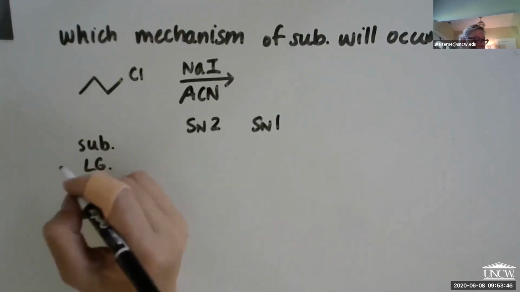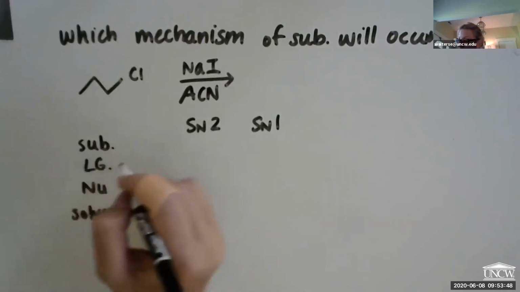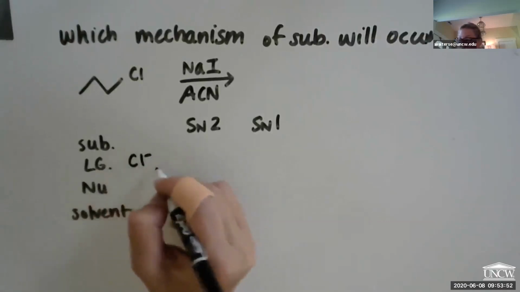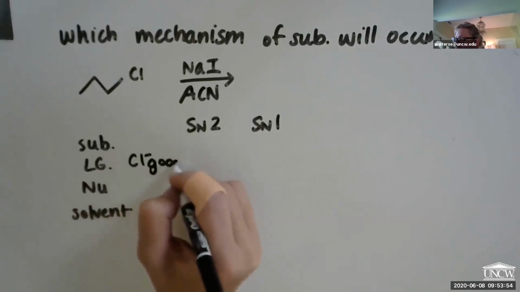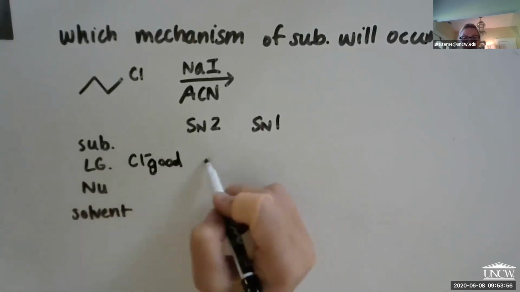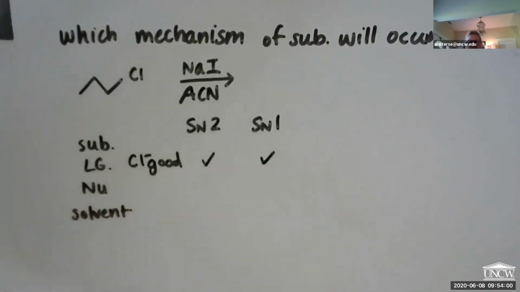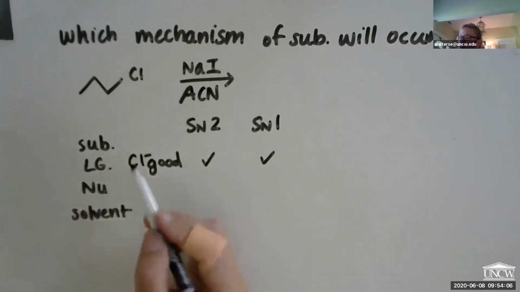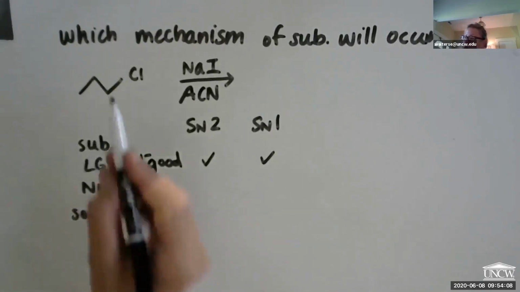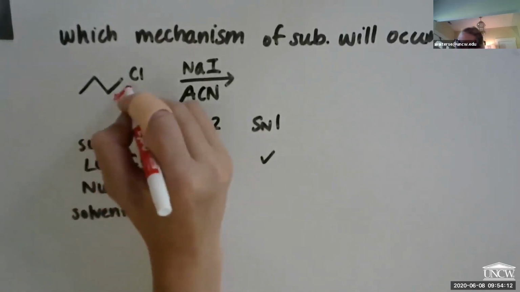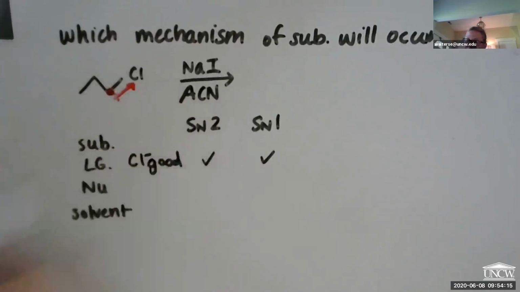So your leaving group is chloride, and chloride is a good leaving group. Good leaving groups are required for SN2 as well as SN1. Let's look at our substrate. So we have a polar carbon here, so that would be the carbon that would be attacked.